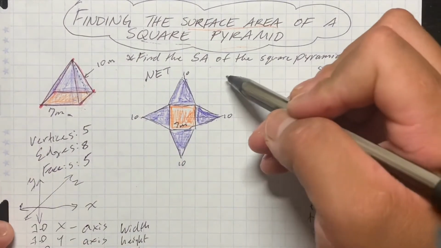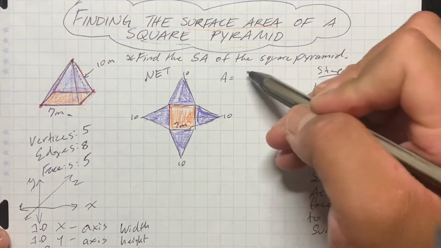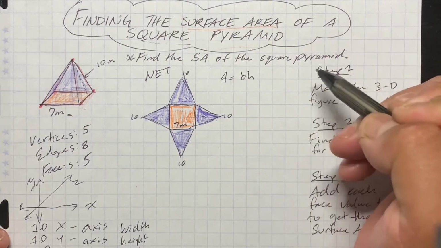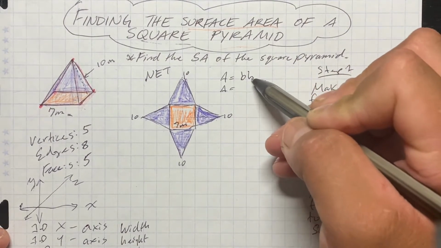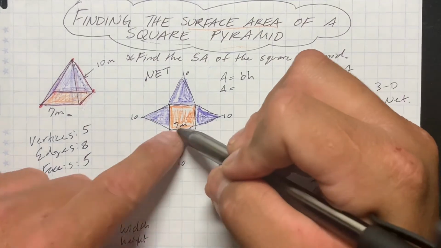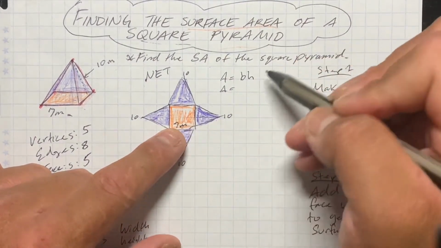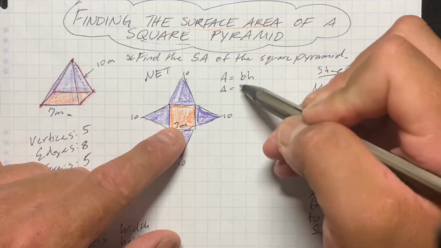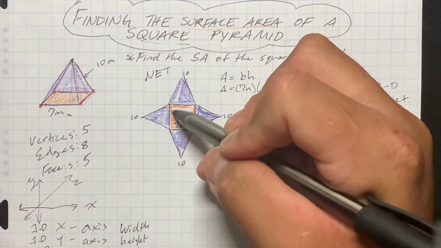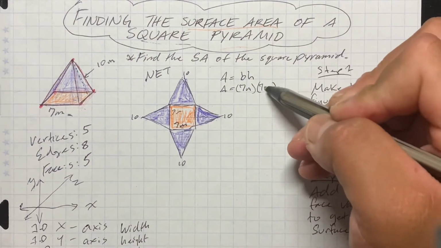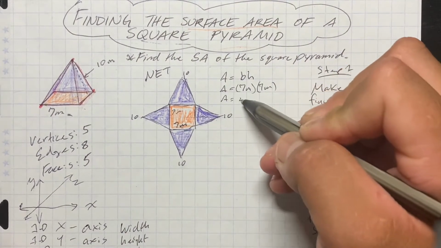So the base is a square, so I'm going to find the area of a square by area equals base times height. These variables, b stands for the base, h stands for the height. So the variable here for the base is going to be 7 meters times my height. Since this is a square, it's also 7 meters tall. 7 times 7 equals 49.